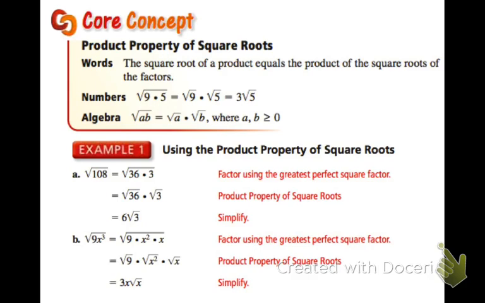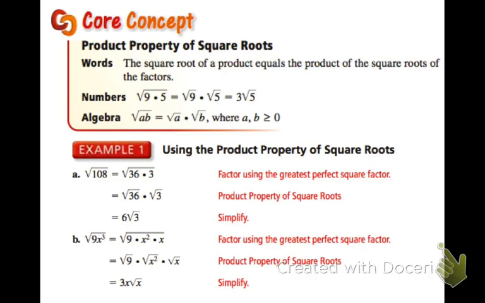So as an example, we can see the square root of 108 can be broken up. We're always going to be looking for the greatest perfect square factor. And if for whatever reason you can't find that, you can always find factors that will make a perfect square. So you could even do the prime factorization of 108, whichever seems to work easiest. But always, always, always look for some perfect square factors.